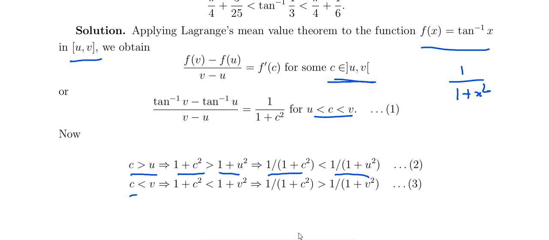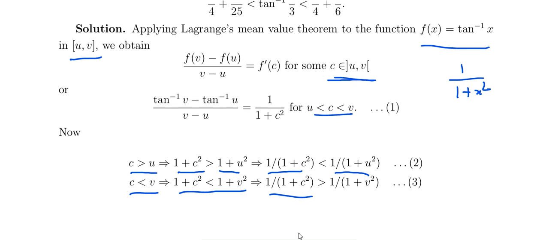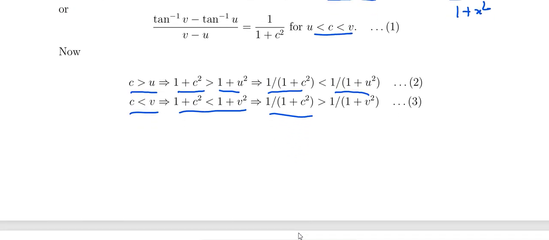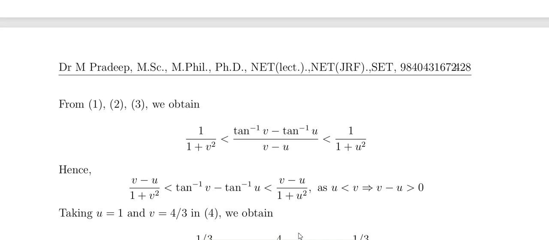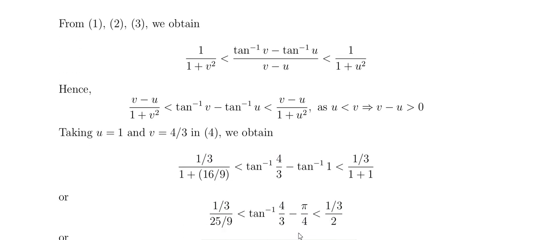c less than v na, 1 plus c square less than 1 plus v square. So 1 by 1 plus c square greater than 1 by 1 plus v square. So in the inequality, either proceed பண்ணிங்கன்னா தான் we get that corresponding inequality. So when you combine these two, we get this output.